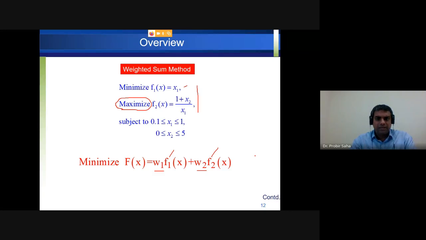So accordingly, you can set your weight vector. Suppose the first one is MRR, and this is surface finish. When you go for a rough cut, I will give more attention here, so I will increase the weight and maybe use 0.8 and 0.2, right? I'm not very much interested in the other. So you get a solution. Something like that, the weighted sum method works on that.